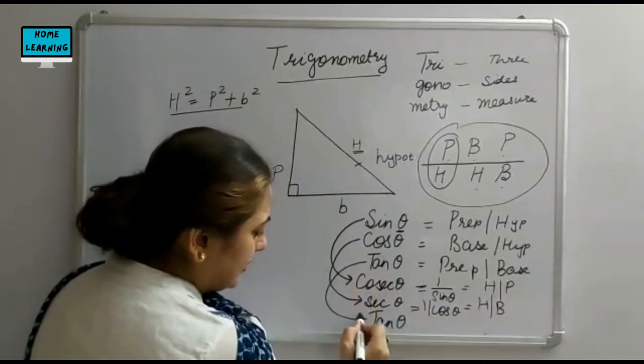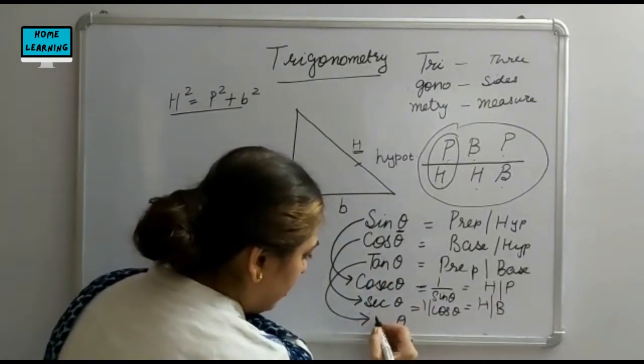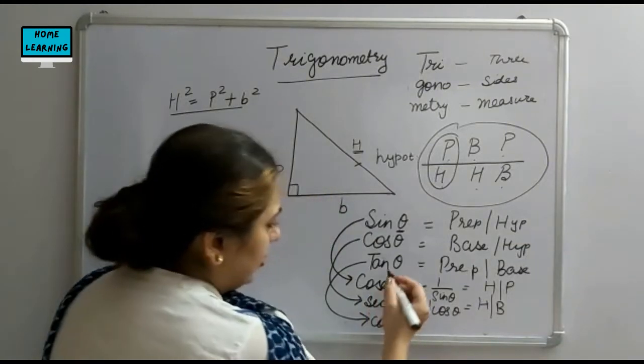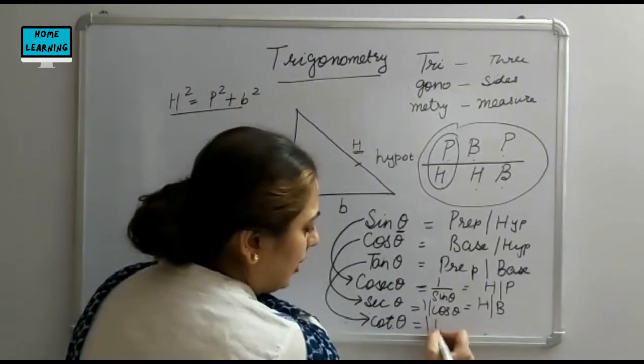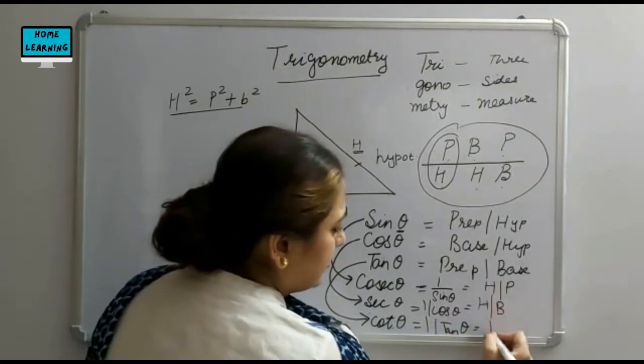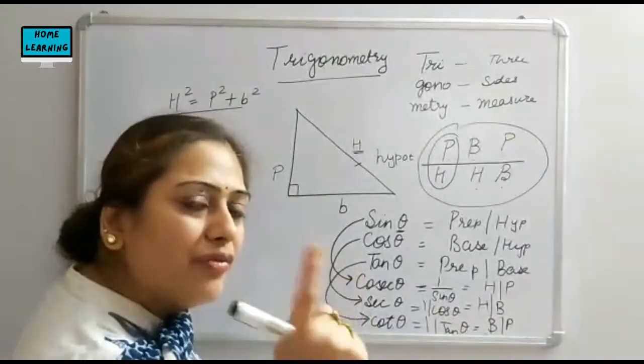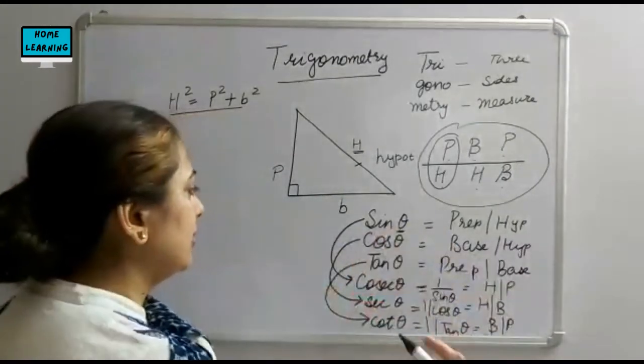And cot is, this is cot theta, reciprocal of tan theta, 1 upon tan theta. This will come as base upon perpendicular. It is very simple. When you have one equation, you can find out all others.